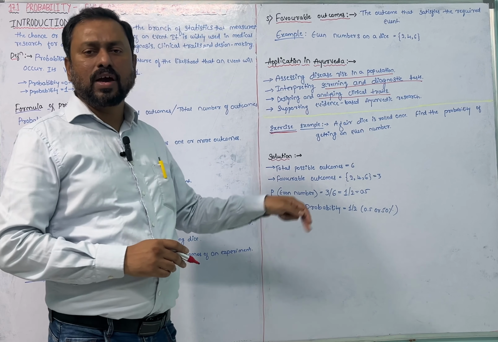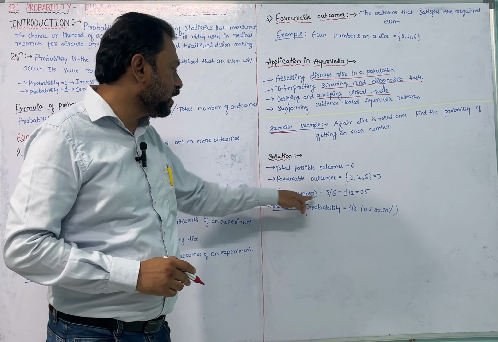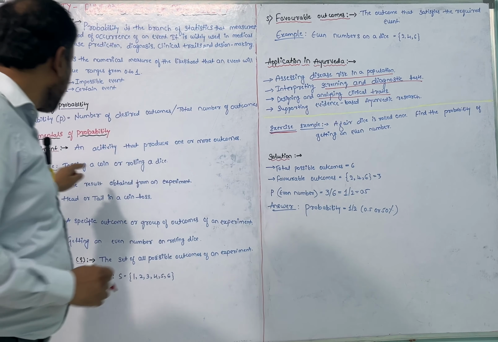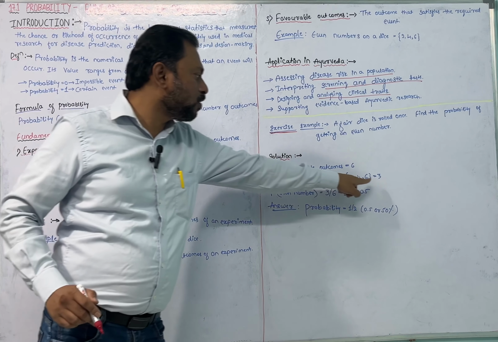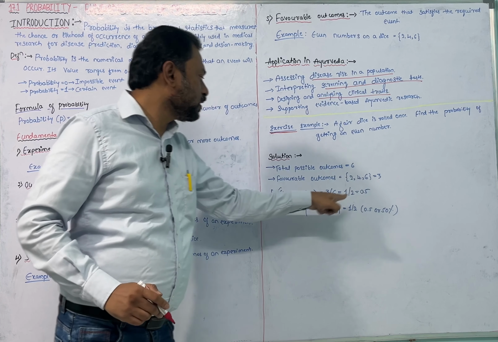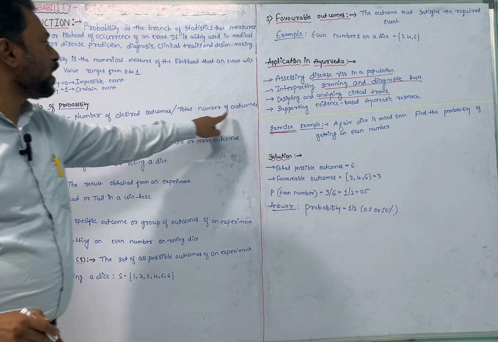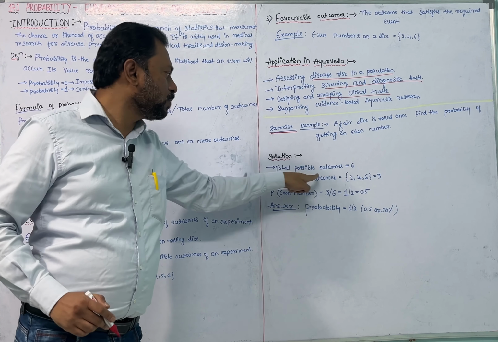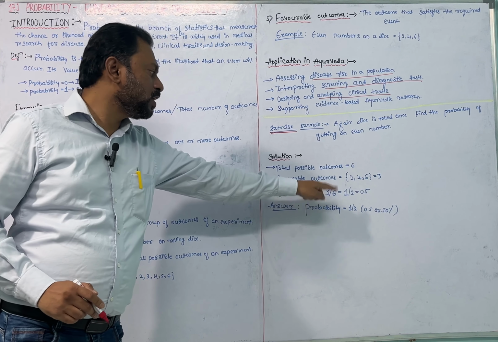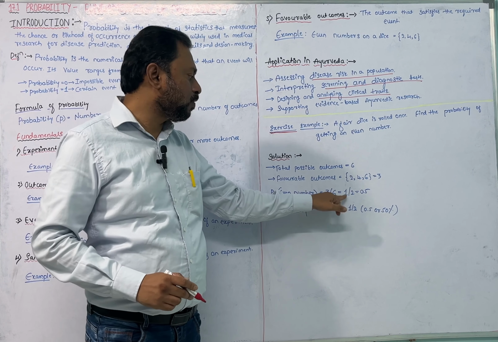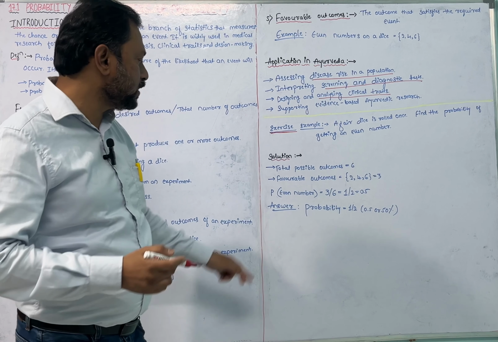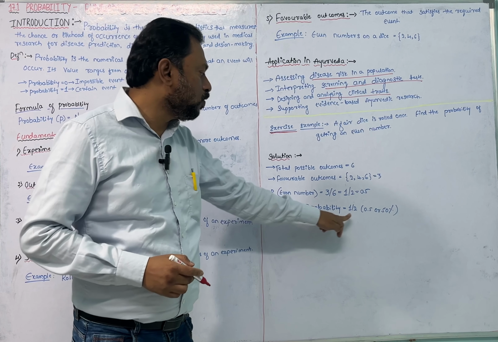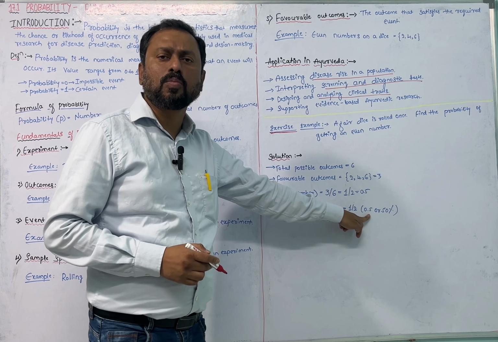The P value we are finding here. Just now I told the formula: number of desired outcomes, here 2, 4, 6, that is 3, divided by total number of outcomes, here 6. If you divide, the answer is 1 by 2, that is 0.5. The probability is 1 by 2, which is nothing but 0.5.